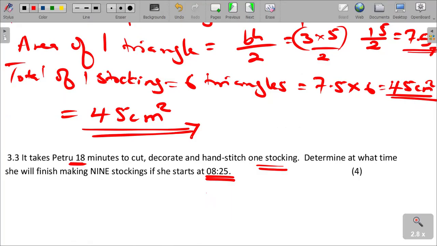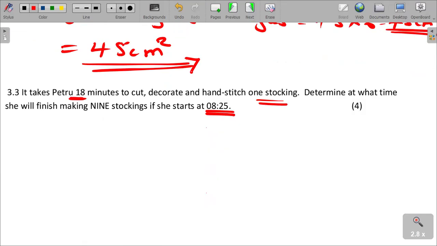So what we are going to do is that finishing time is equal to the total time for 9 stockings.